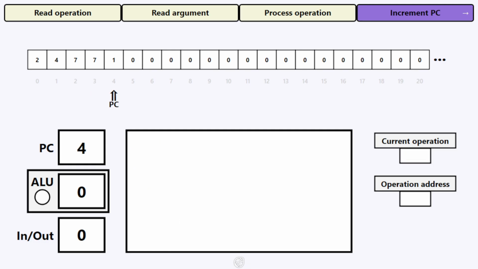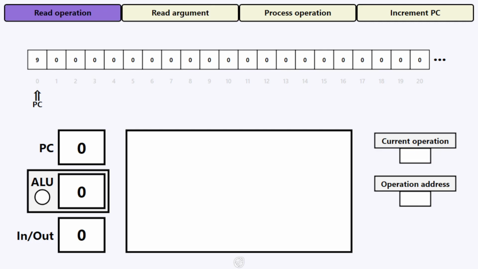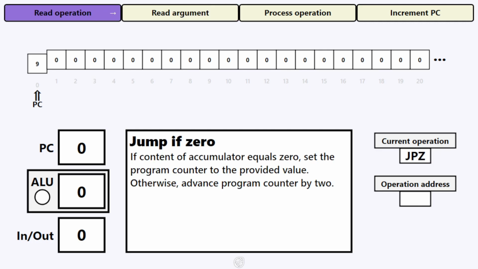Next operation, you already know this one. It's the standard jump operation, which always jumps forward or backwards to the provided address. And then we have jump if 0, also one you have already seen. I think we talked about that.